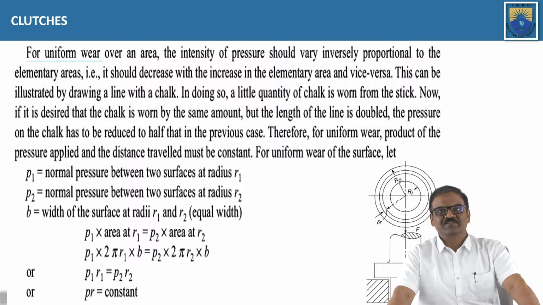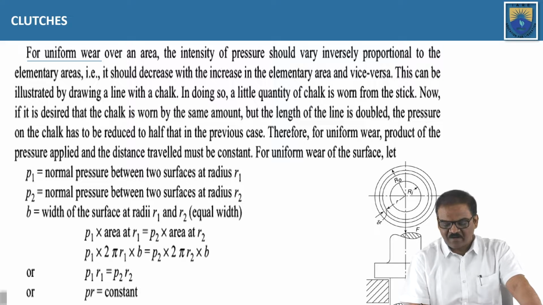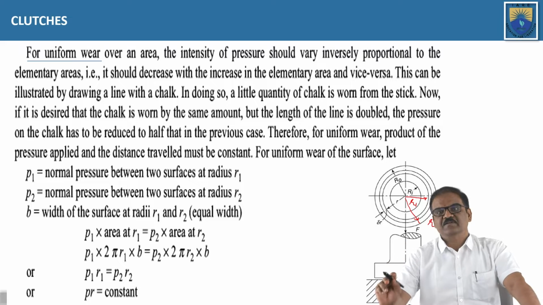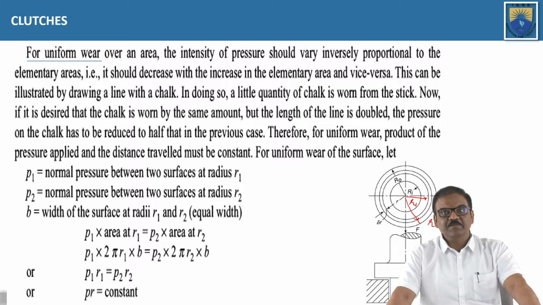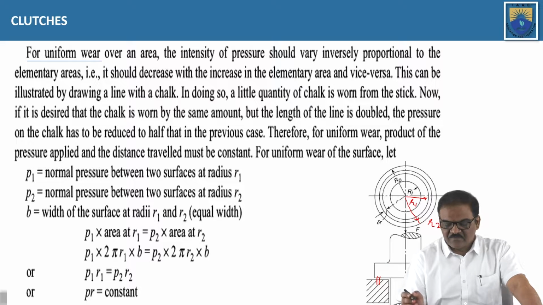For uniform wear of the surface, consider two areas in a collar, a single plate clutch, or a uniform bearing. P1 is the normal pressure between two surfaces at radius r1. If you consider two areas, say at one point it is R1, at the other point it is R2, where P1 is the normal pressure between the surfaces.